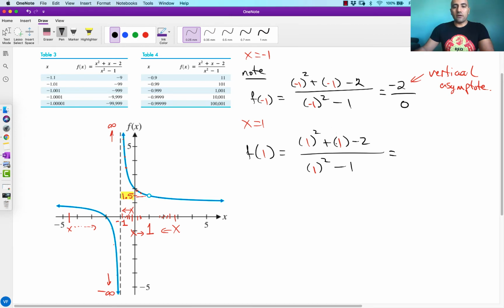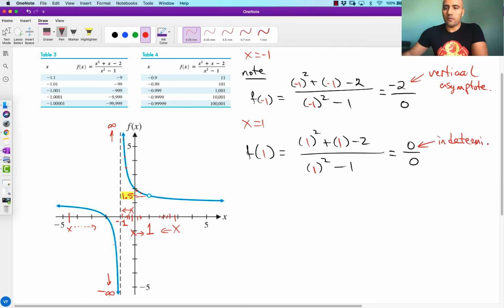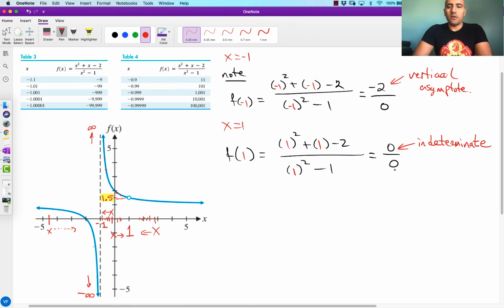That's going to be 0. We end up with 0 divided by 0. This is what we call indeterminate.